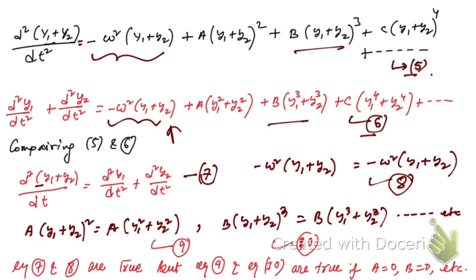Hope you have understood this. If A, B, C are 0.